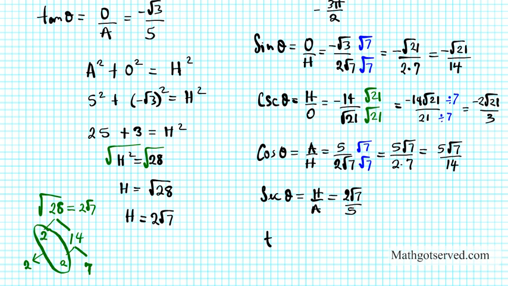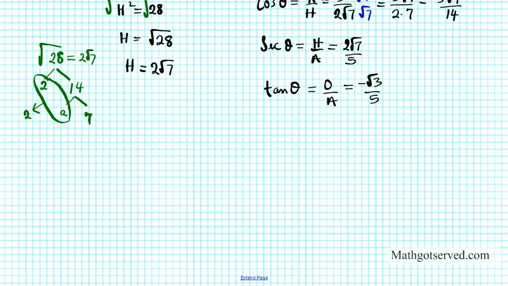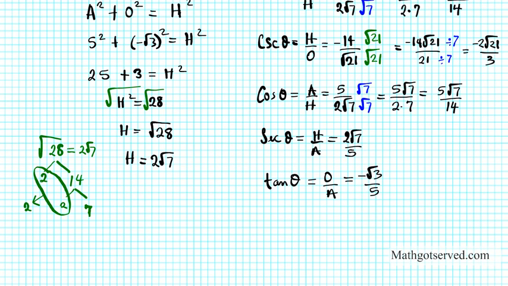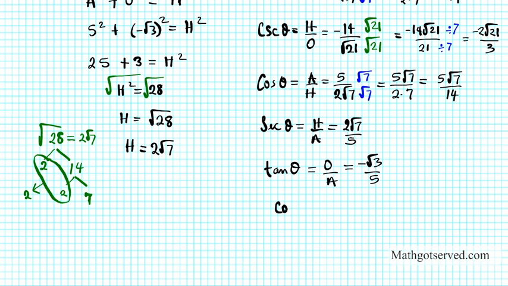Now tan theta was the original problem. We don't have to do any work for that. Opposite over adjacent, we know that. It's negative root 3 over 5. Okay, and then the reciprocal relative of tan is the cotangent function, which is adjacent over opposite.